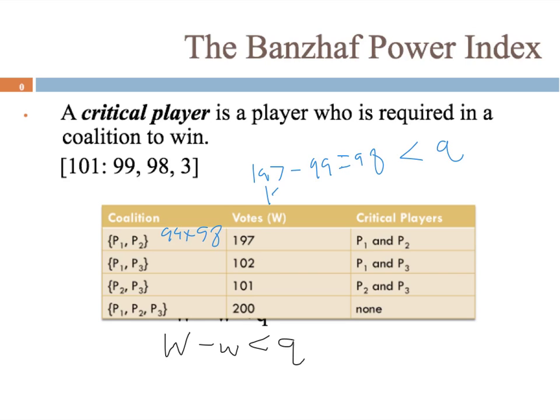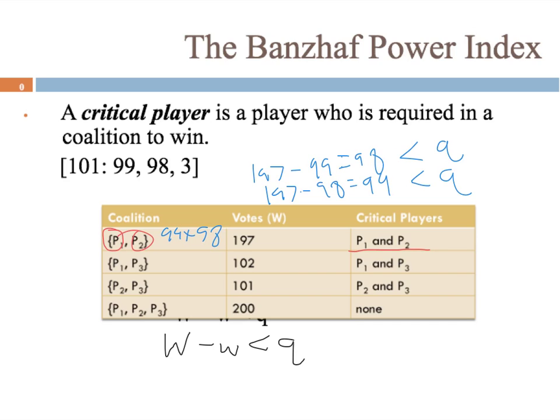If we take 197 and subtract 98, we get 99, which is also less than the quota of 101. That's why both of these players are critical, and it's listed over here. If we drop either one of those, it would not be a winning coalition anymore. That's common with coalitions of just two people, because a winning coalition of just one person would be a dictatorship.